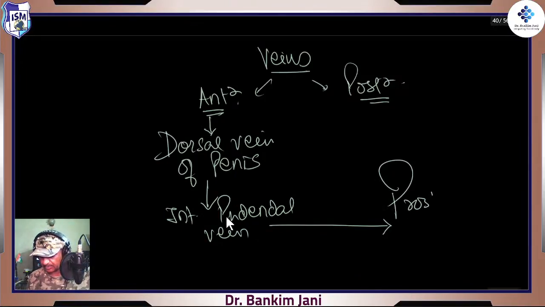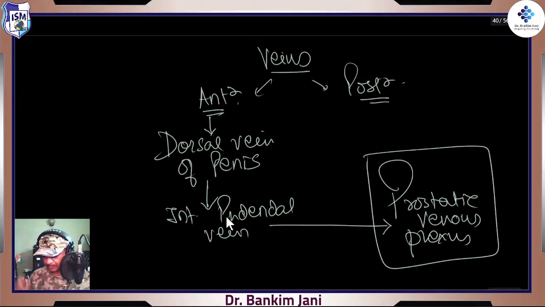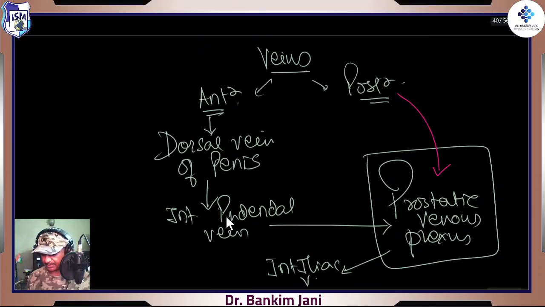Now see this prostatic venous plexus, the name itself is telling that it is the plexus around the prostate. And from here, it will be draining into the internal iliac veins. So this entire journey is for the anterior. However, for the posterior, nothing much. It drains directly into the prostatic venous plexus because the posterior urethra is pretty near to it.